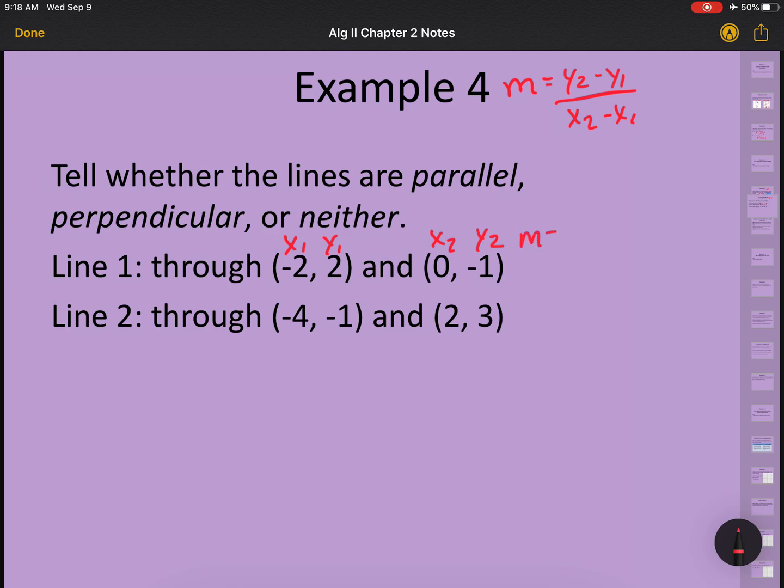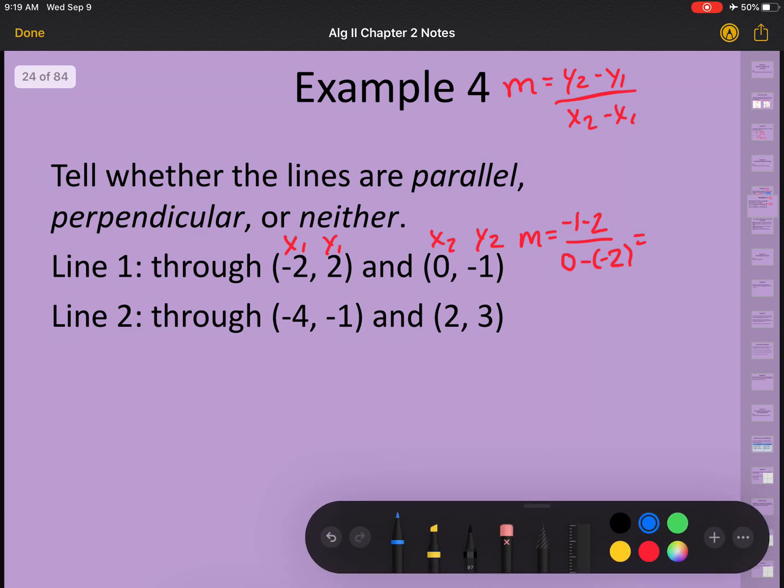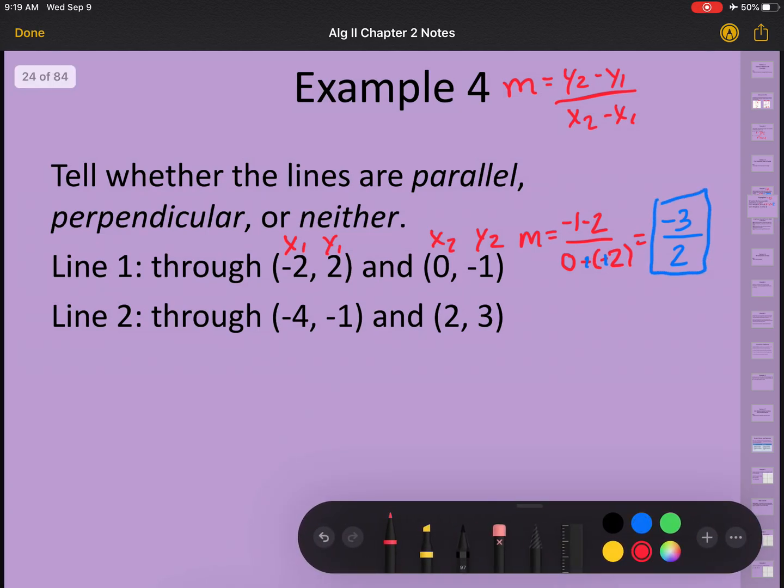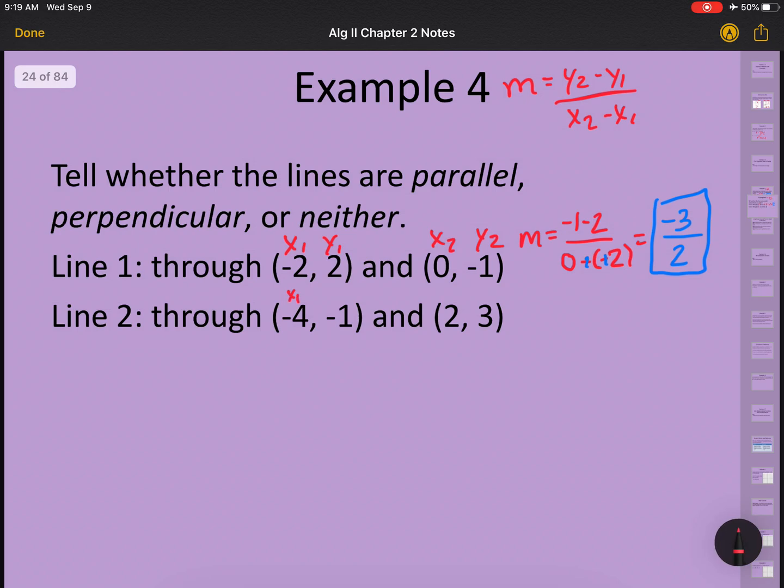So if I want this first slope, well, y2 here is negative 1, subtract out y1, which is 2. x2 was 0, subtract out x1, which was negative 2. Well, up top, negative 1 minus 2 more is going to give us negative 3. And then change in the bottom, 0 plus 2 is 2. So here's our first slope. So that was line 1 slope.